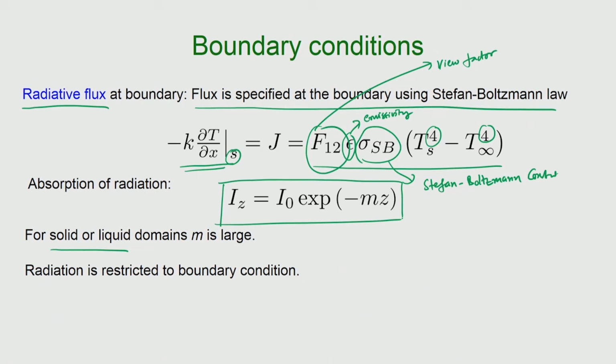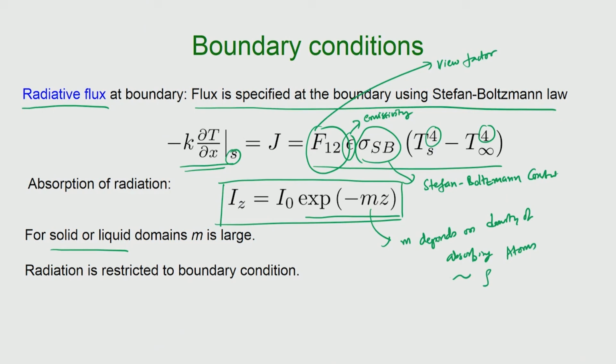The intensity of the radiation going through the condensed matter goes down exponentially as e raised to the power of minus mz. This m depends on the density of absorbing particles or atoms, which means that it is proportional to the density of the material.